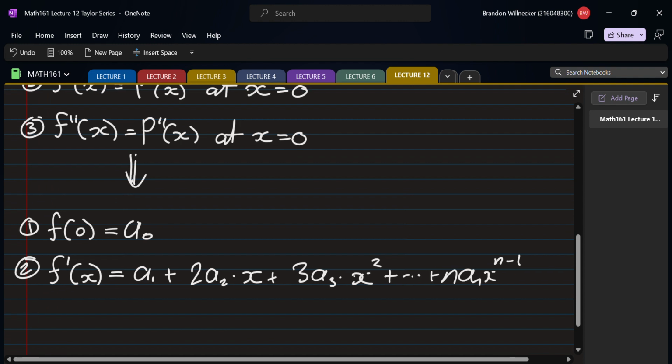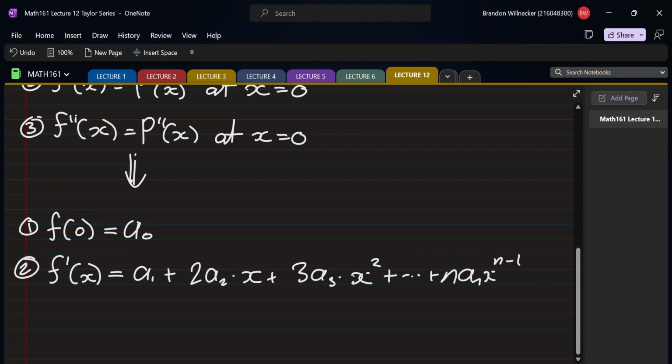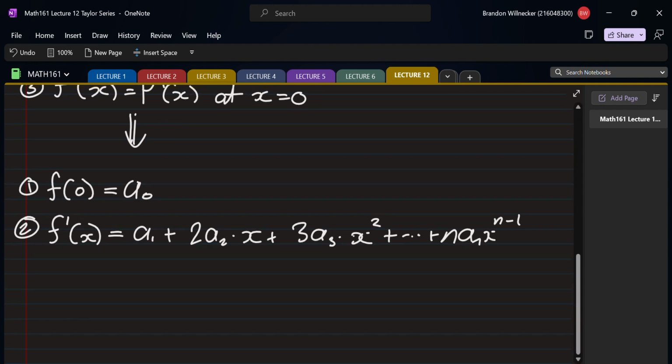Okay, that's if we take the first derivative. Now we can substitute x is equal to 0 and see what we get. So if x is equal to 0, everything from a2 and upwards will be 0 if we substitute x is equal to 0, and we're just left with a1. So f prime 0 is equal to a1. So that's how we can calculate this next coefficient.